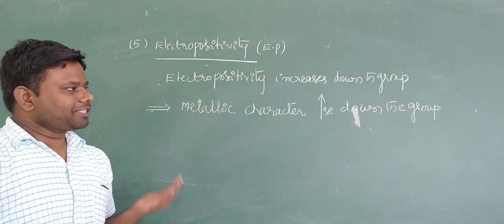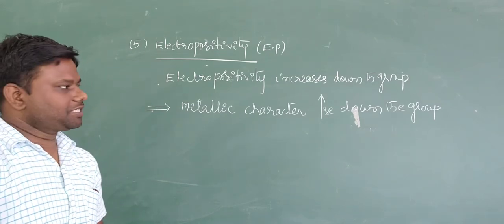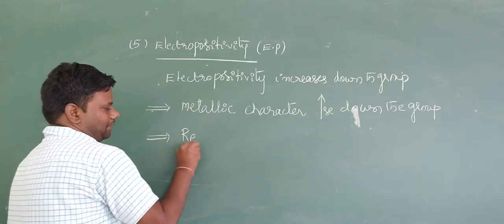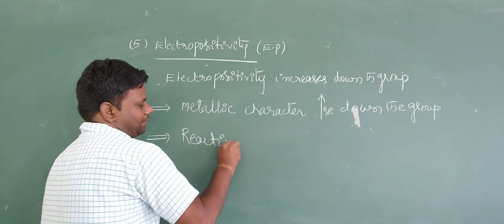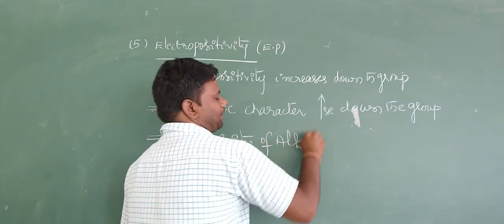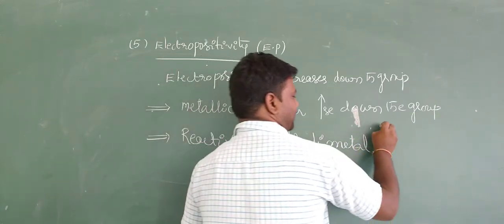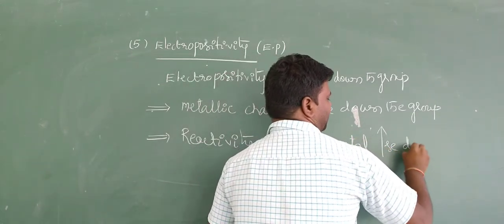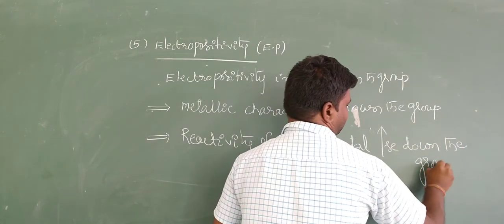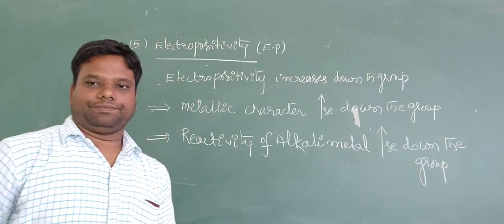So when metallic character increases down the group, it means reactivity of alkali metals increases down the group. This is about electropositivity.